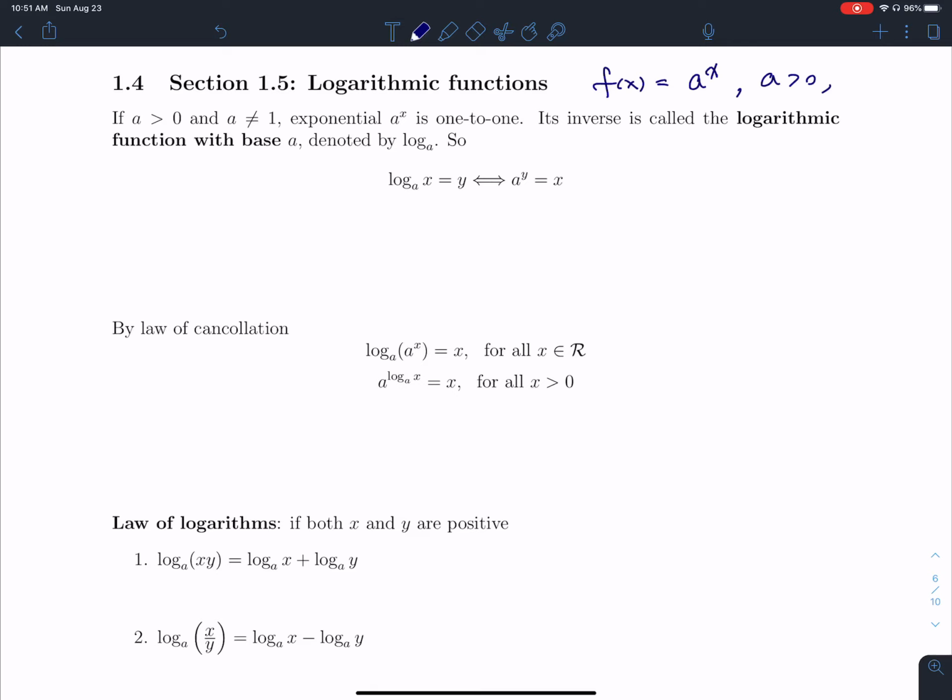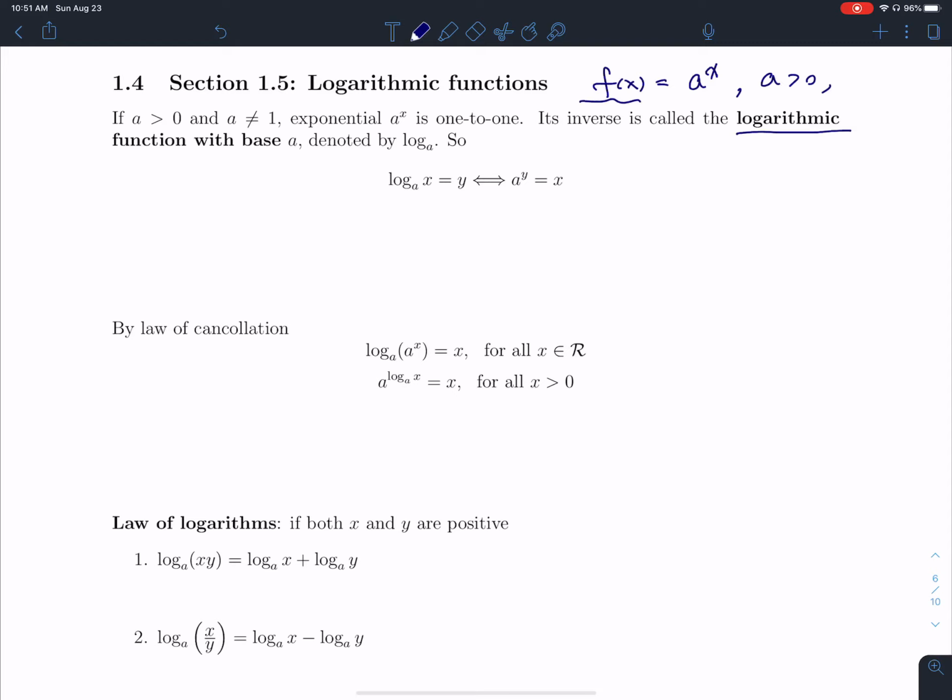And we said if a is not equal to 1, then we have its inverse, this exponential function's inverse, to be the logarithmic function.